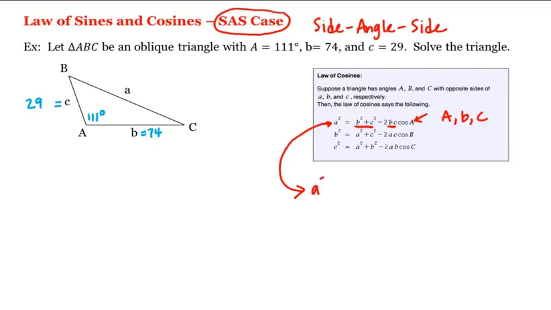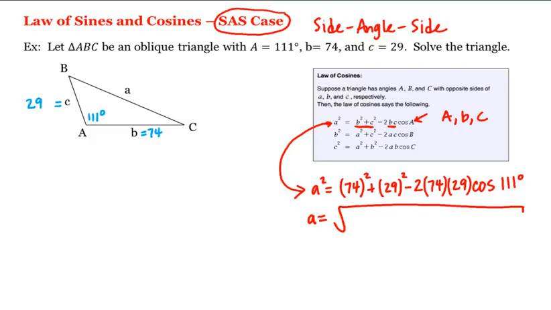We have that A squared is equal to 74 squared plus 29 squared minus 2 times 74 times 29 times the cosine of 111 degrees. Or A is equal to the square root of all of this.